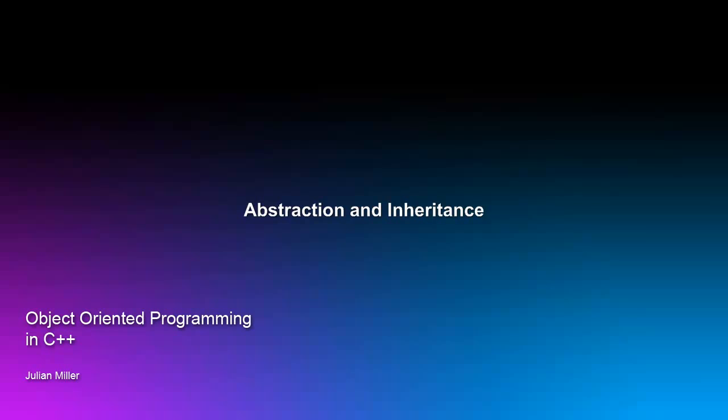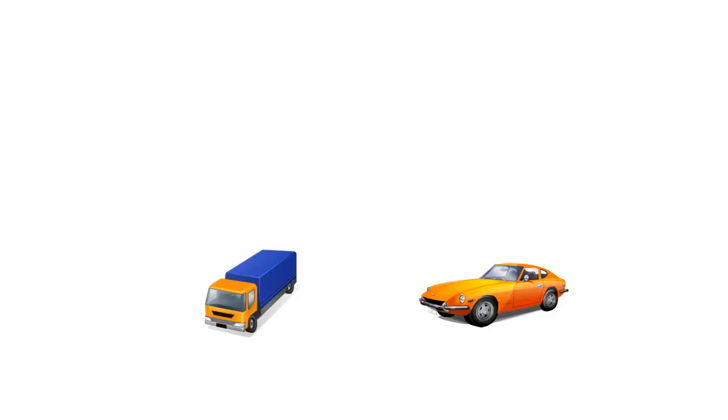Abstraction is an important programming topic. You'll be pleased to know that successfully making use of abstraction has the potential to save you from hours of repetitive work. The idea of abstraction is essentially to take a higher level look at the task at hand. For example, consider cars and trucks. They're different, but they're both vehicles.